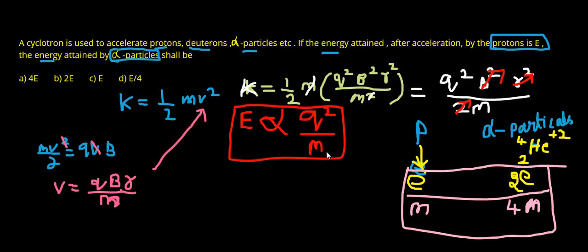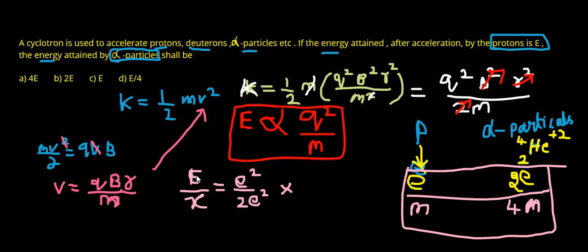So using this relation, the energy attained by the proton is given as E, and the energy acquired by the alpha particles can be taken as x. We have to find this x value. Charge is directly proportional, right? So proton e square over alpha 2e square, multiplied by mass, which is inversely proportional.